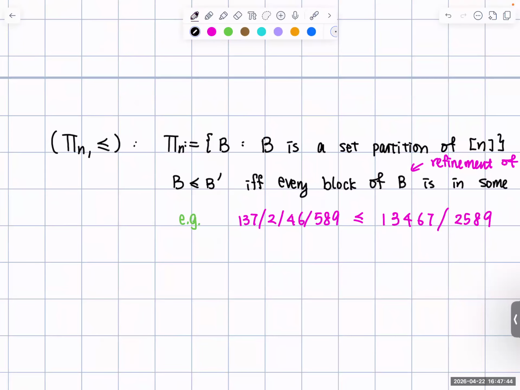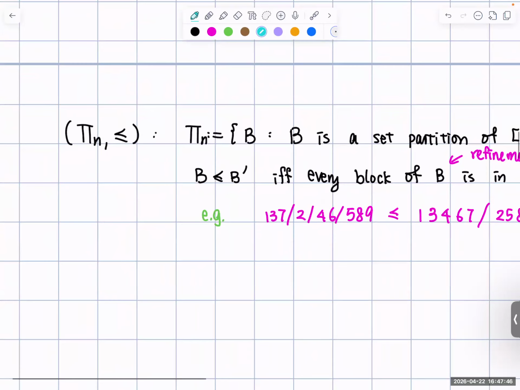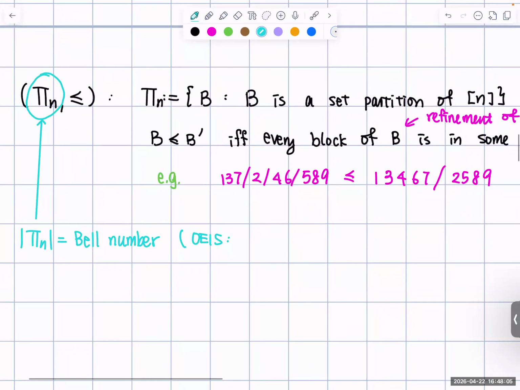And some interesting fact, other than just talking about the poset itself, is that if you look at the number of set partitions of n, this is famous. It's called the Bell number. If you want to look at the OEIS and see all these different ways to describe it, it's A000110.